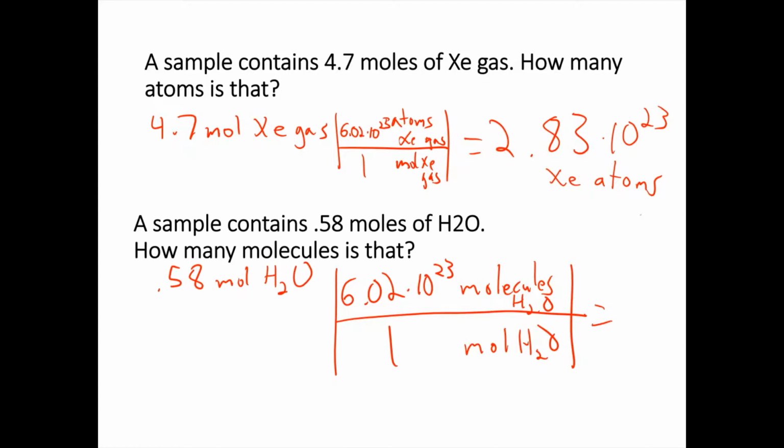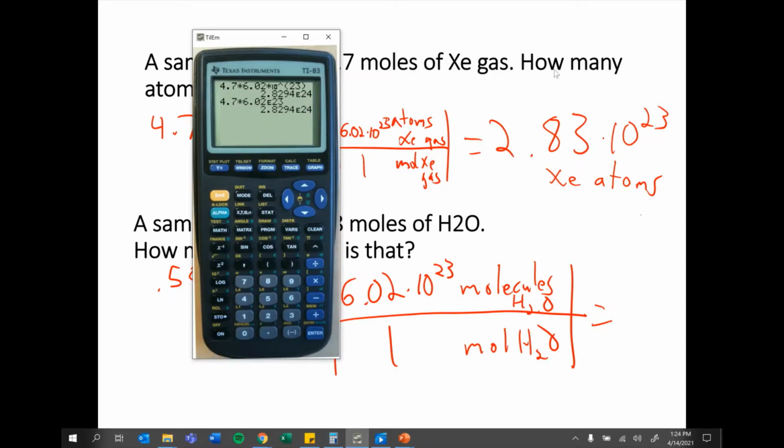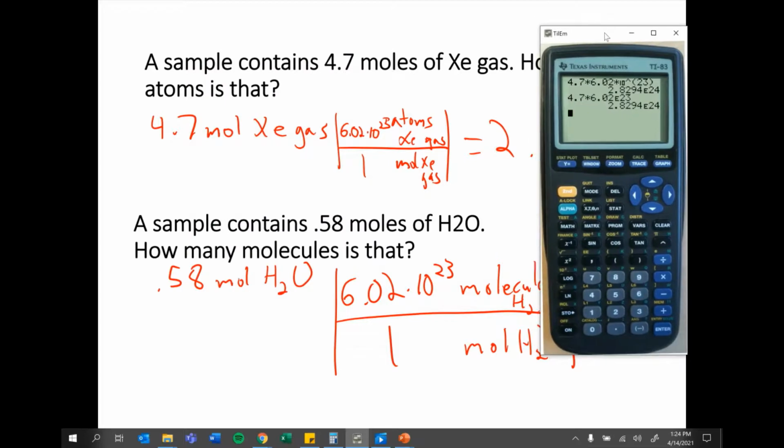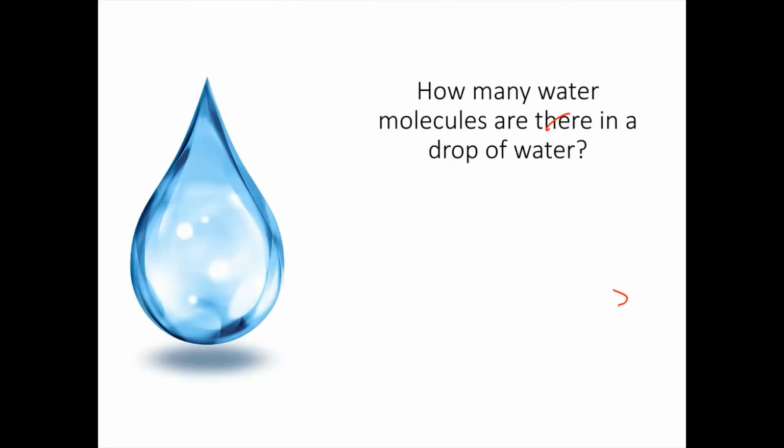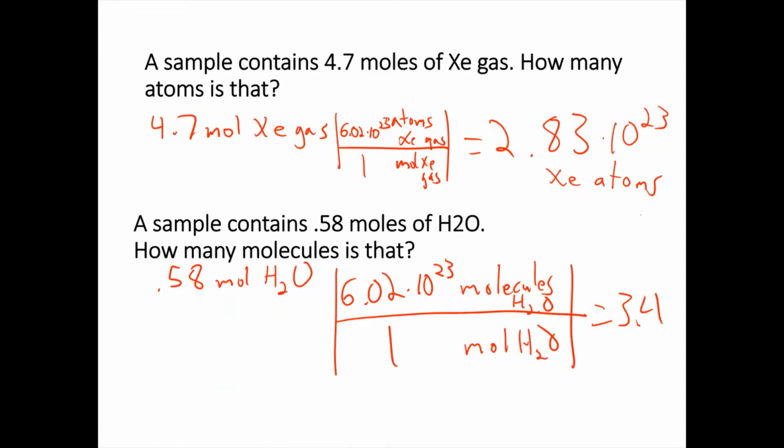And so if I put this into my TI, I'm going to do 5.8 times 6.02, and I'm going to do my second EE 23, and that gives me 3.49 times 10 to the 23rd H2O molecules.